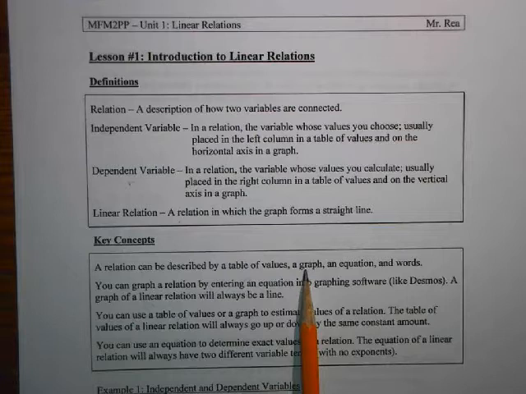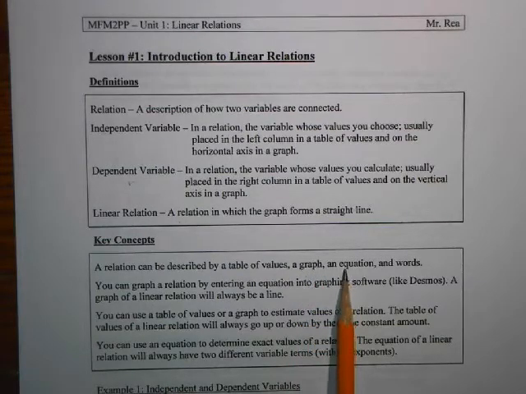That's the second form of the relation. The third one, which is probably the most important, is the equation. We're going to spend a lot of time trying to create the equation of a linear relation based on knowing one of the other forms of data that we've collected. It could be the graph, could be the table of values. And then the last one is words, basically a description of what's going on.